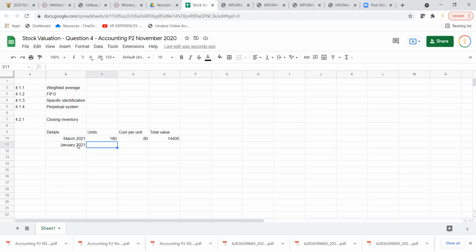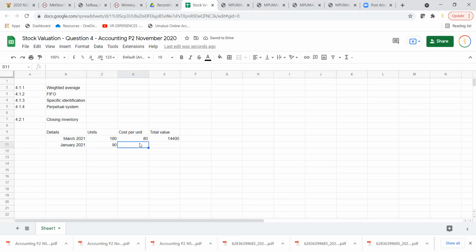We only have 270 units on hand, and of all the 270 units on hand, we already accounted for 180 from the March purchases. So for January, we need to only take the remaining units. The remaining units would be 270 total units on hand minus what we already accounted for from the most recent purchase, which is 180. So that gives us 90 units.